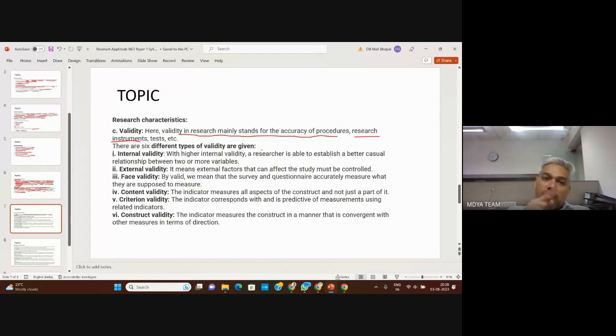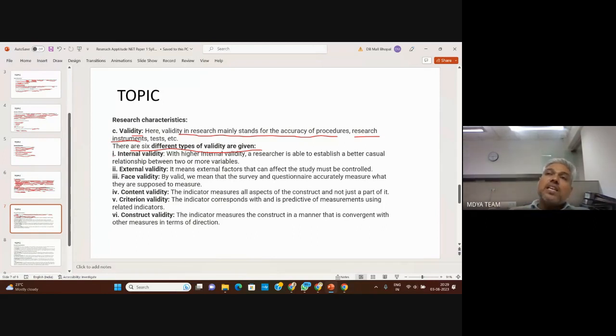So validity is a characteristic of a research, what we are reading today. Validity is the third characteristic of a research. Learn it, right? There are 6 different types of validity. We are going as per the syllabus of the research. You can learn it at a later stage when you get admission in a PhD or go for the doctorate.